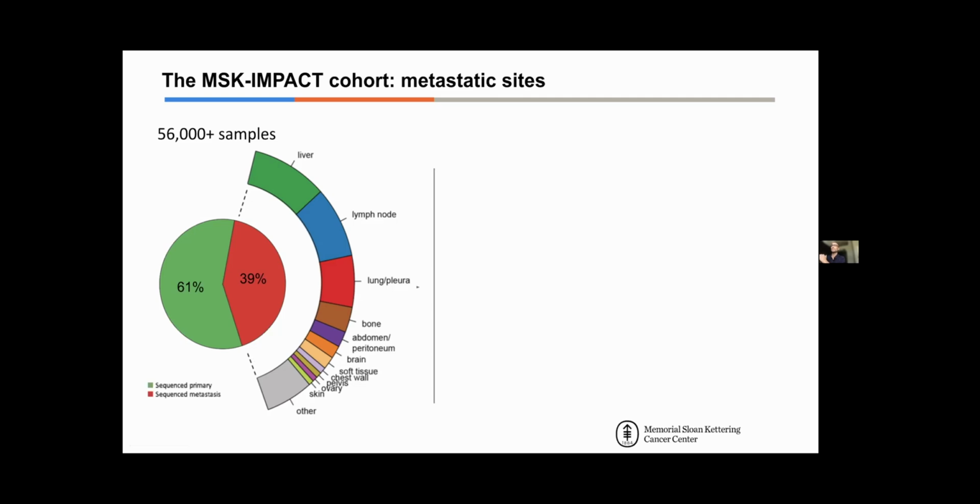Back to our colorectal example, the primary is colorectal cancer, a tumor in the colon, and a sequenced metastasis would be the tumor for that colorectal patient that exists in a sample from the liver or the lung.